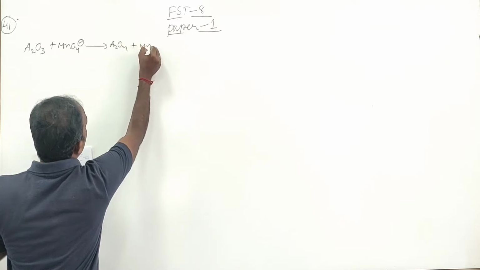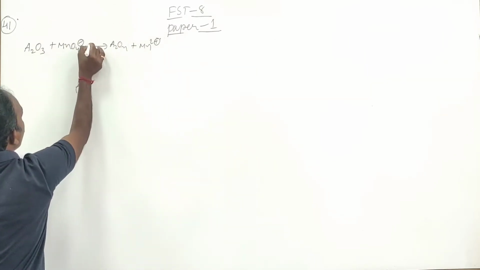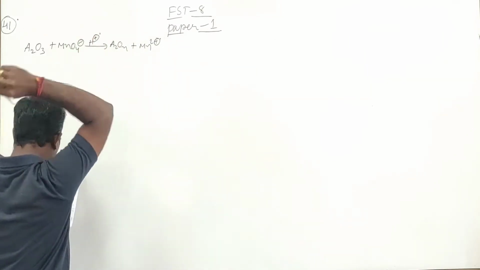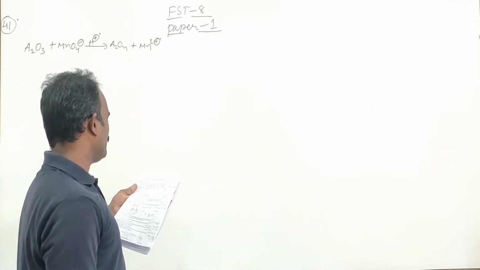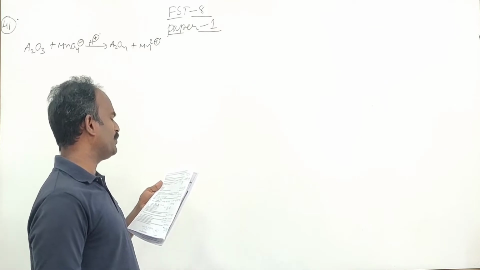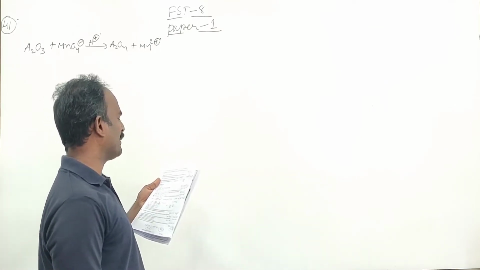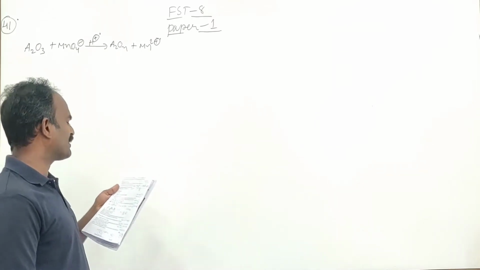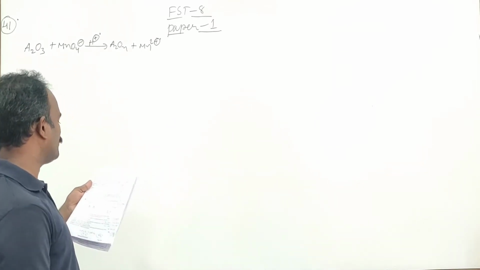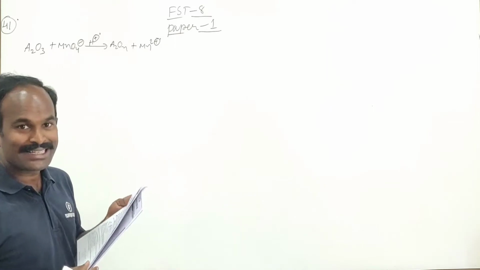Acidic medium. Therefore, it is going to be Mn2 plus. Given that in acidic medium, if 1.5 into 10 power minus 3 moles of A2ON requires 60 ml of 0.03 molar KMnO4 solution for complete oxidation, then which of the following options is correct?